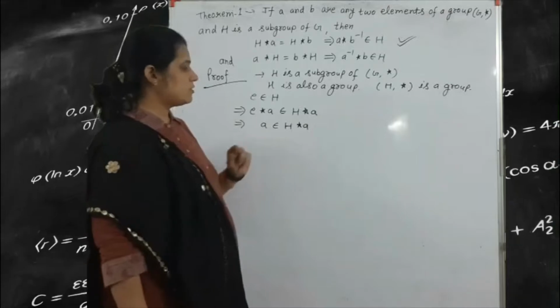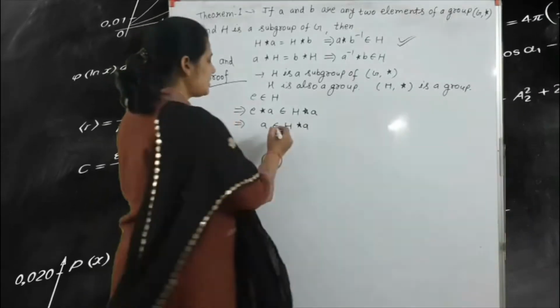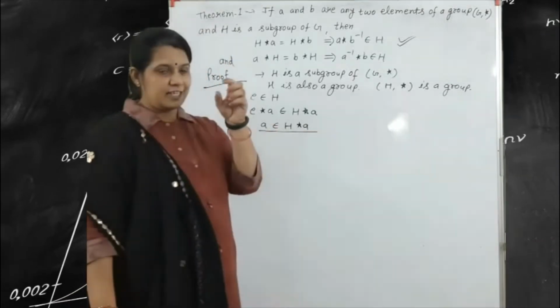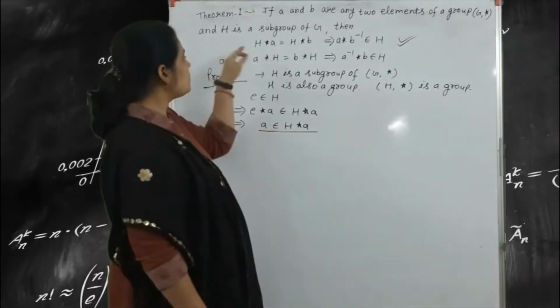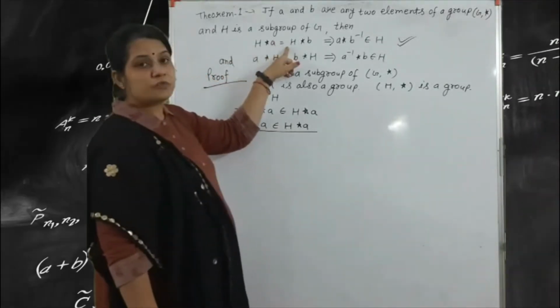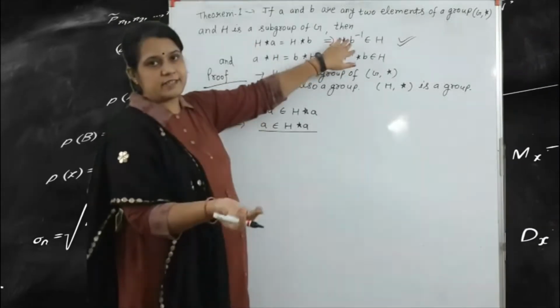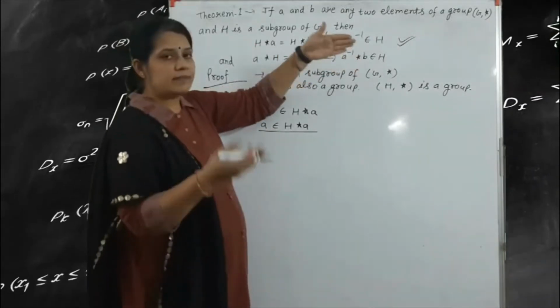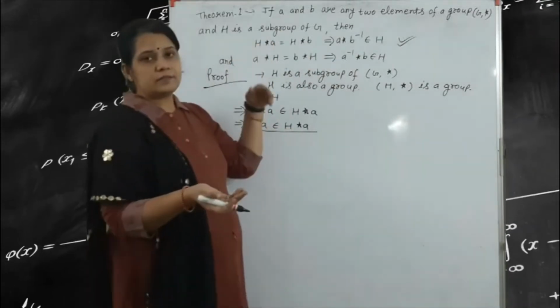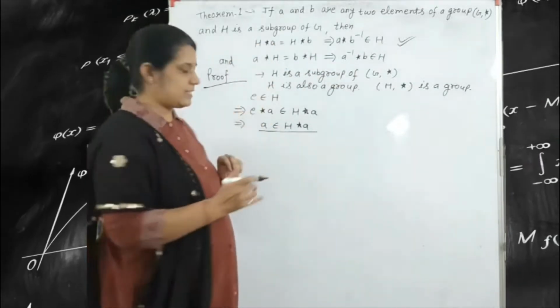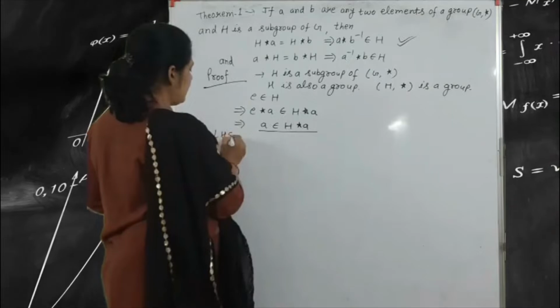So A belongs to H star A. This is our main equation, you can say that. For the proof of the first one, we take the LHS and prove the right hand side. Next, we take the right hand side and prove that it is equal to the left hand side. So first we write the LHS.